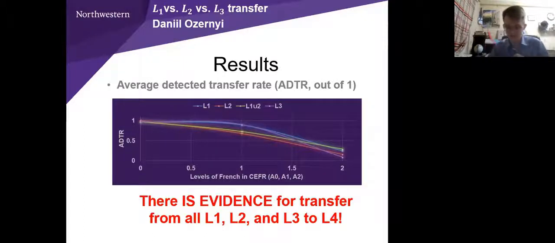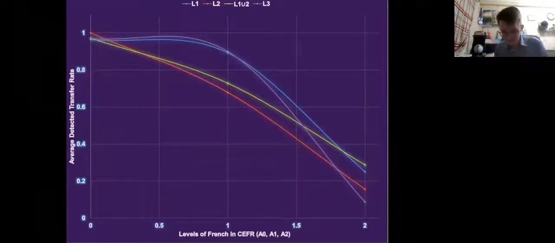Let's zoom in now. We see on the graph that the learners started out on A0 level with almost everything transferring. The numbers are very close to 1, as in 100% of transfer. As the level increased with their mastery of French, the rate plummeted to roughly 0.1 for L3 transfer, the lowest, right?